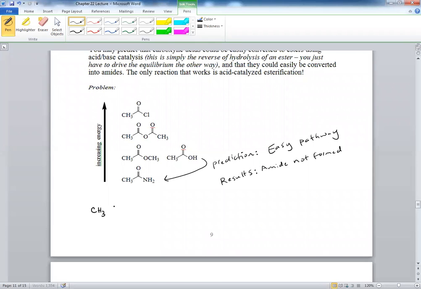If we take the carboxylic acid and react this with ammonia to replace the OH with the amine group, NH2, we actually get to this point. We form a carboxylate.